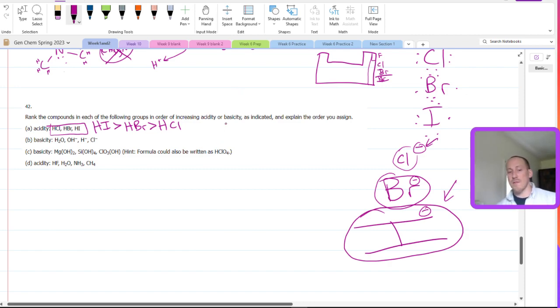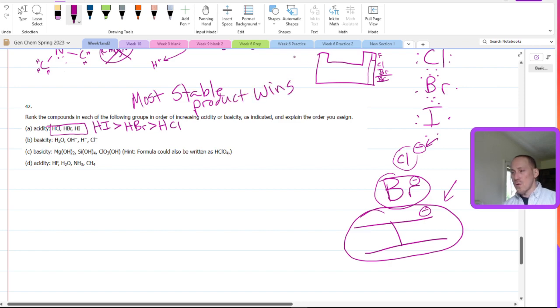All 3 of them are definitely happy to get rid of that proton, but hydroiodic acid is even happier than hydrobromic or hydrochloric acid. So same deal with the basicity. The whole concept here is most stable product wins. The most stable product is going to drive these things to behave in the way we're talking about.